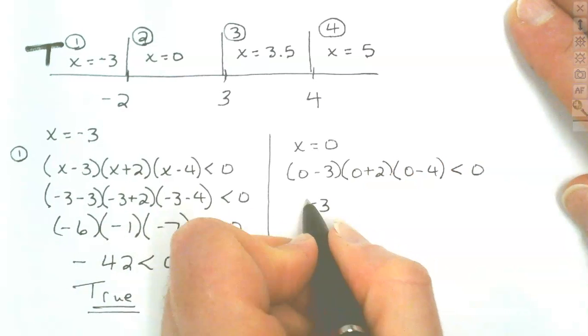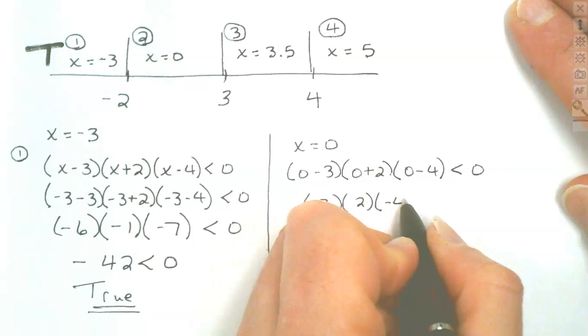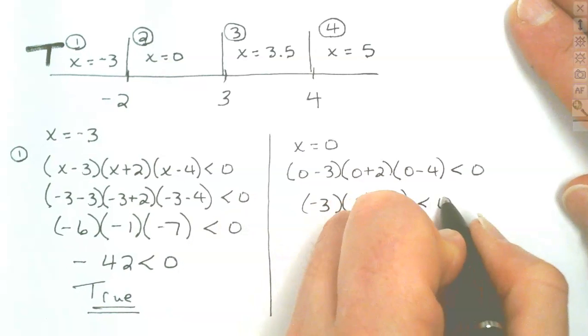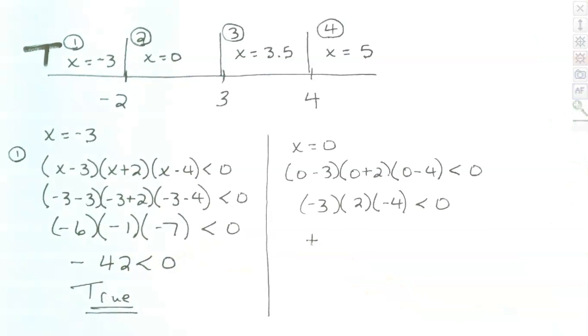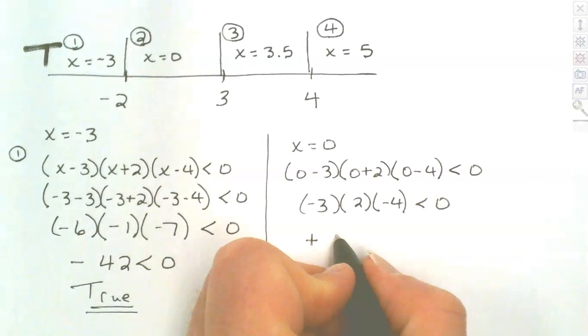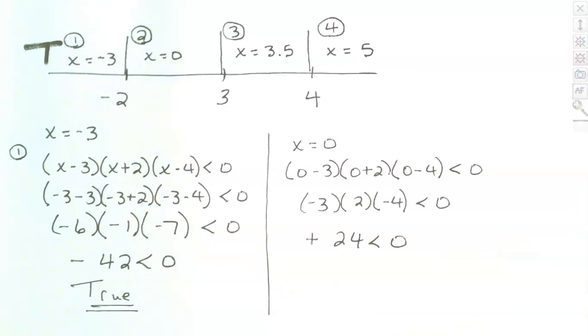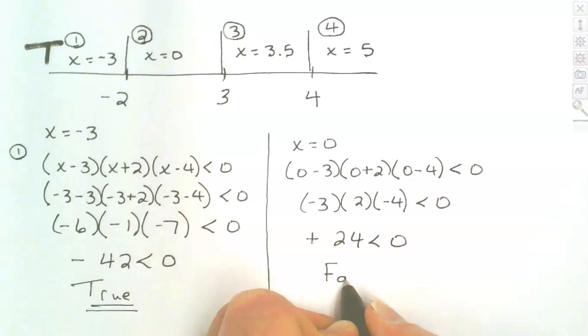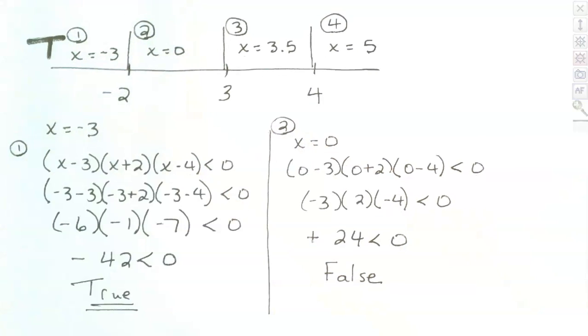So that's minus 3 times 2 times a negative 4. 2 negatives make it positive. And we've got 3 times 2, which is 6, times 4 more makes it 24. And is positive 24 smaller than 0? No. So that would make that second region then false.